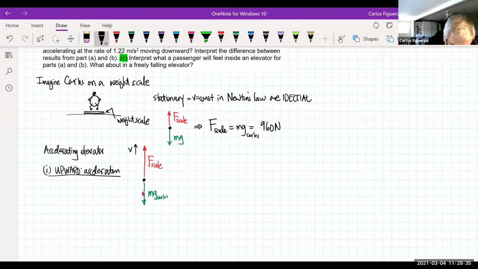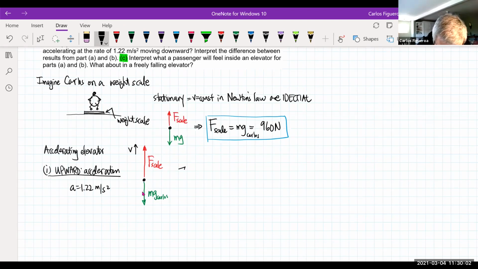And if I choose the same acceleration as we did before, what do we find here? Well, for starters, we said that the weight scale reading was this much when Carlos was at rest. Now we're accelerating upwards. So we already know what the N2L equations are.